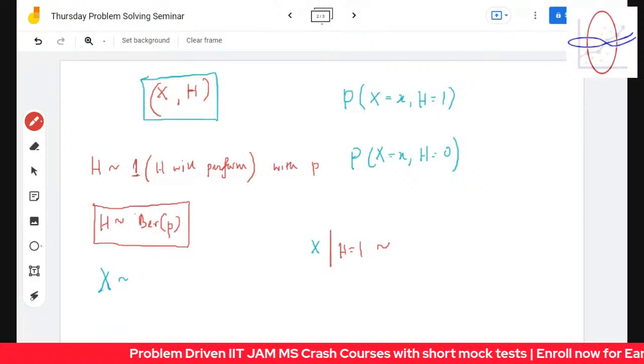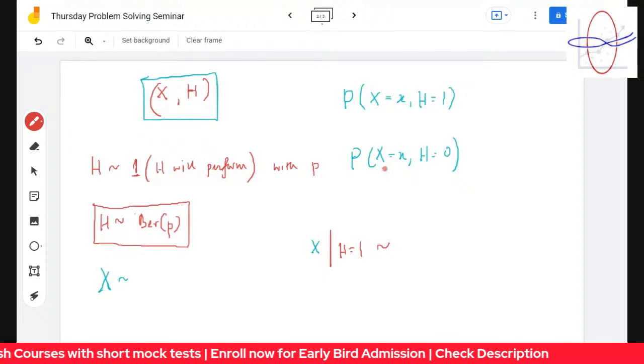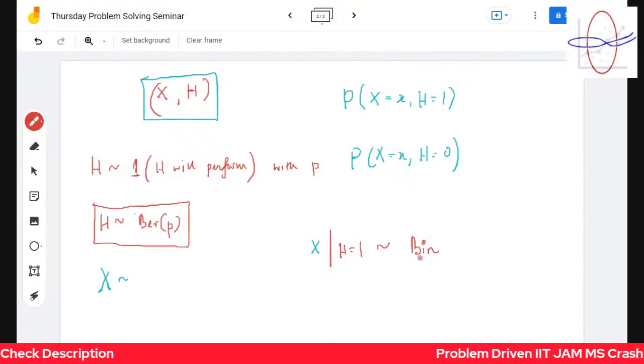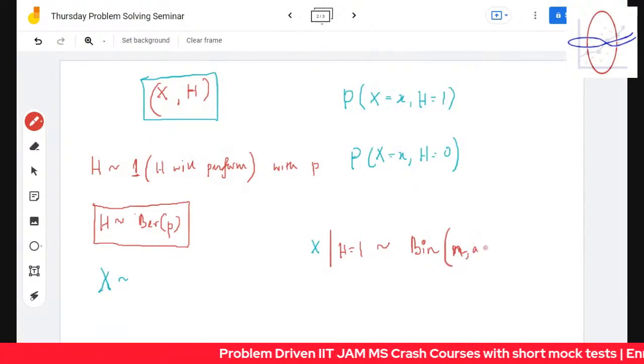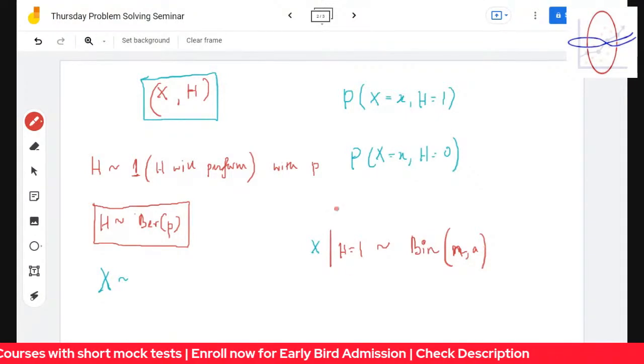Someone said binomial. Binomial, you're right. Good. So given the fact that H is equal to 1, that is Dr. Hibbert is doing the experiment, X follows a binomial n comma A. Perfect.